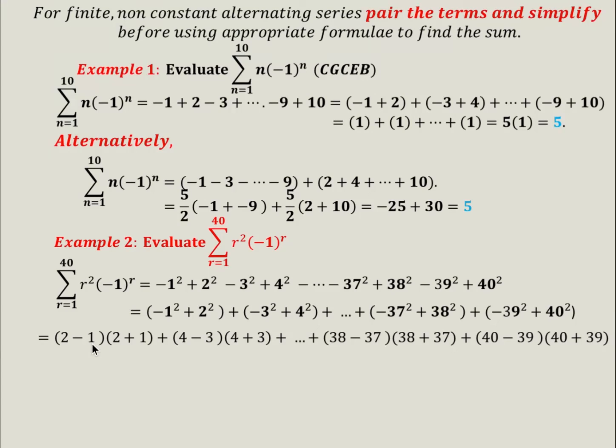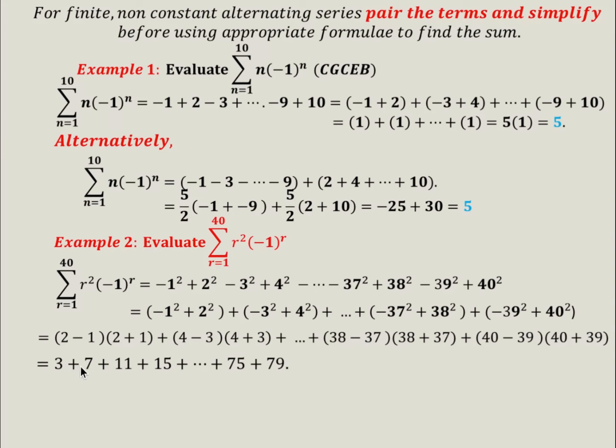And you notice that the first factor in each pair would reduce to 1. So 2 minus 1 will give 1, 4 minus 3 will give 1, 38 minus 37 will give 1, 40 minus 39 will give 1. So that the series reduces to 3 plus 7 plus 11 plus 15 plus the other terms plus 75 plus 79. And you can notice that this is an arithmetic series in which the common difference is 4.